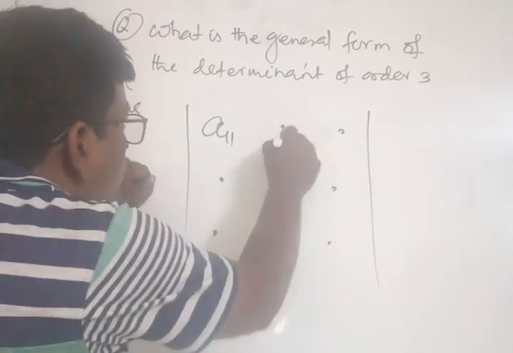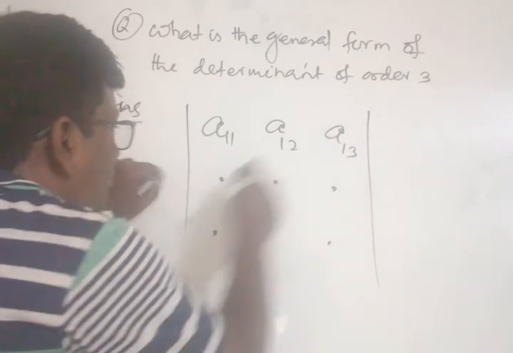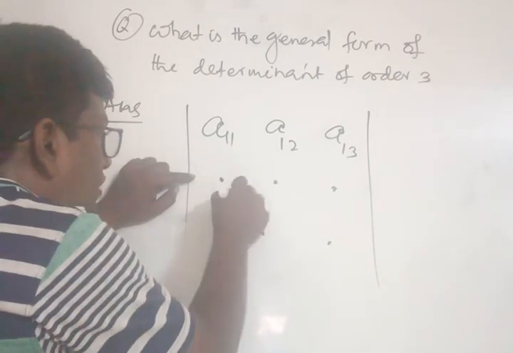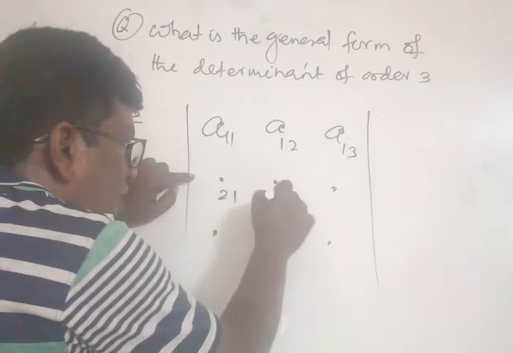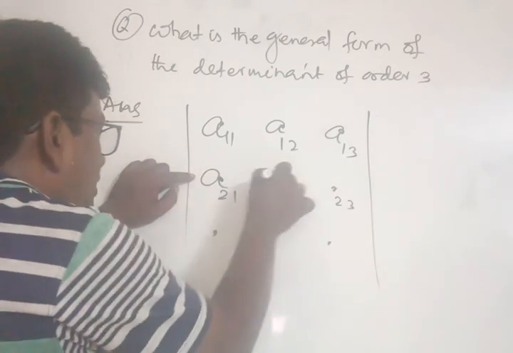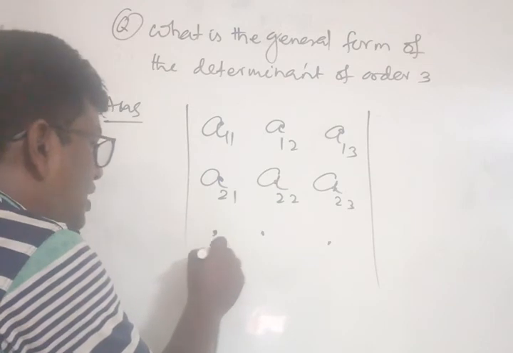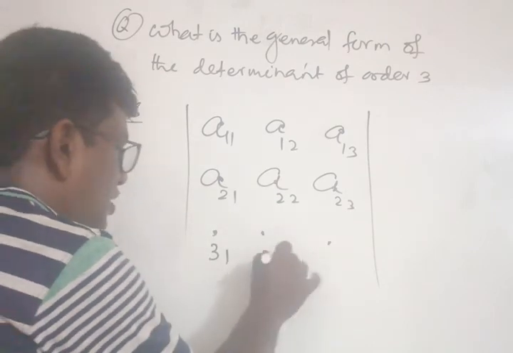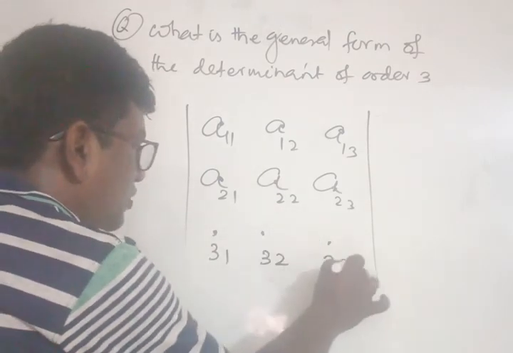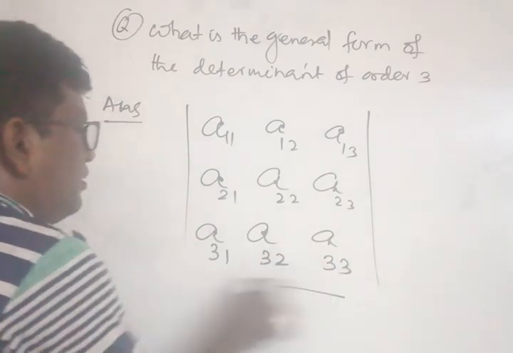This is first row, second column, A12, and first row, third column, A13. This is second row, first column, A21, second row, second column, A22, and second row, third column, A23. And this is third row, first column, A31, third row, second column, A32, third row, third column, A33. Correct.